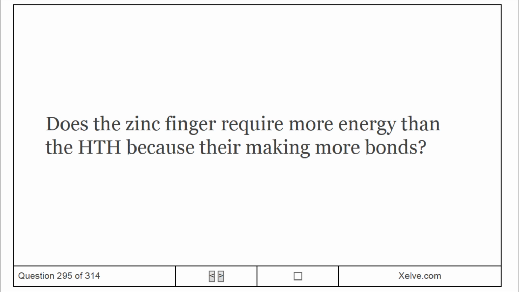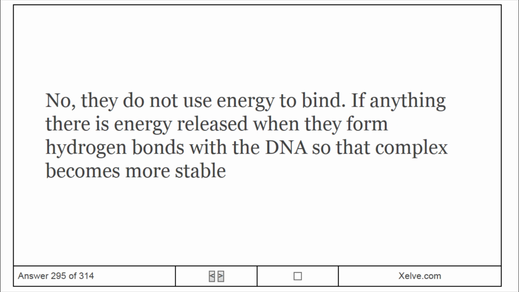Does the zinc finger require more energy than the HTH because they're making more bonds? No, they do not use energy to bind. If anything, there is energy released when they form hydrogen bonds with the DNA so that the complex becomes more stable.